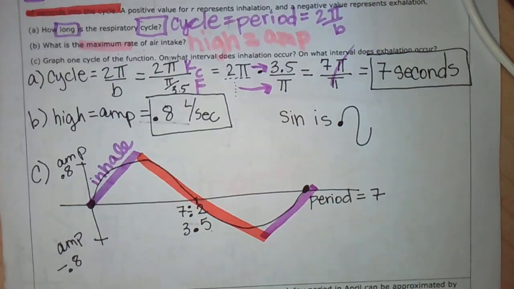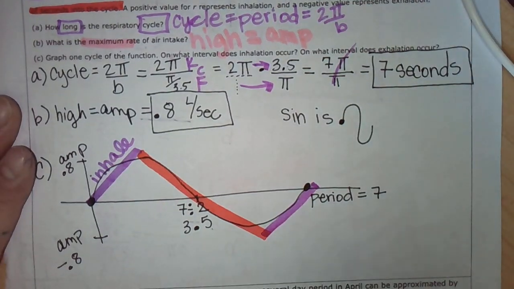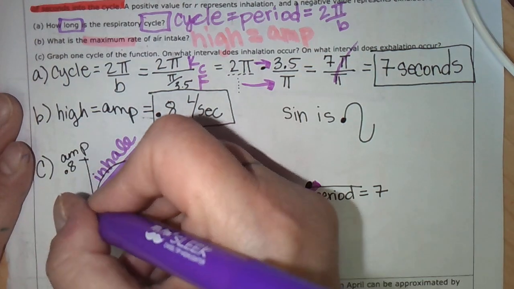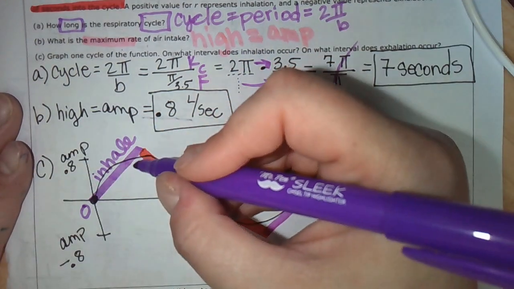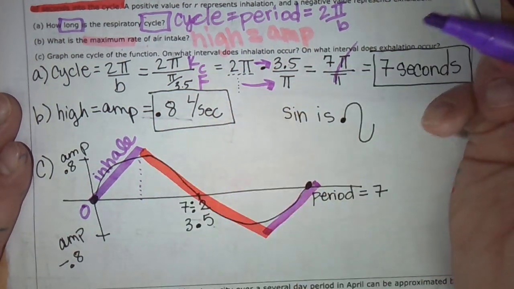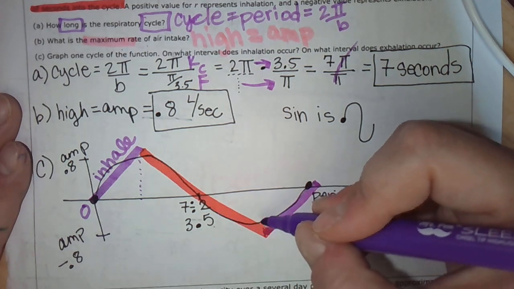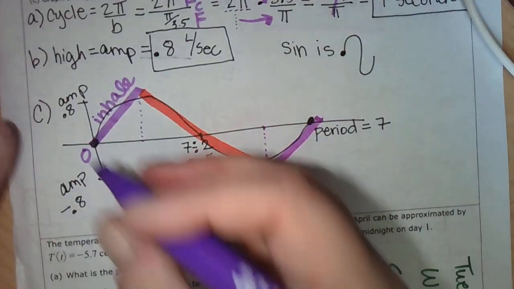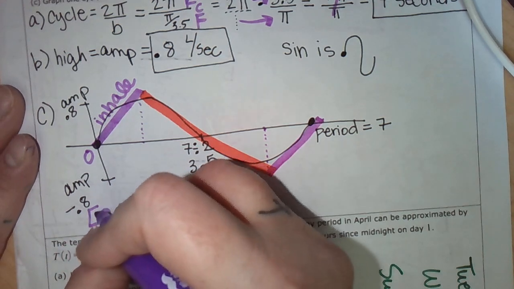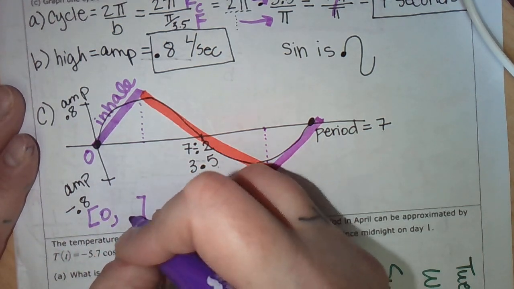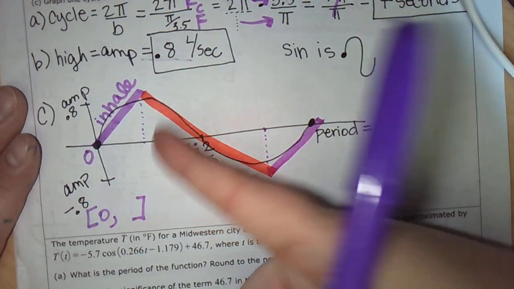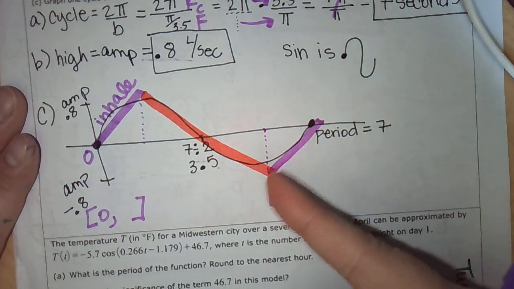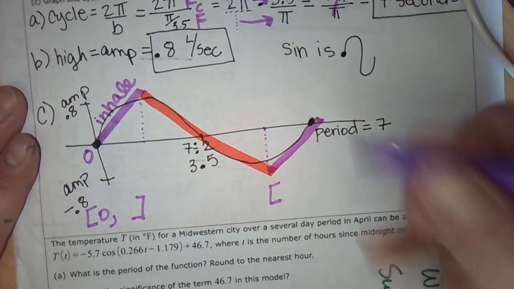But for right now, the inhalation is from 0 to whatever this x value is, and from whatever this x value is, to 7.